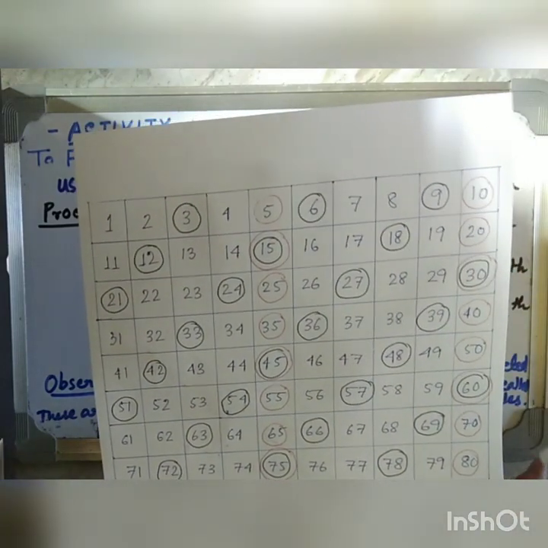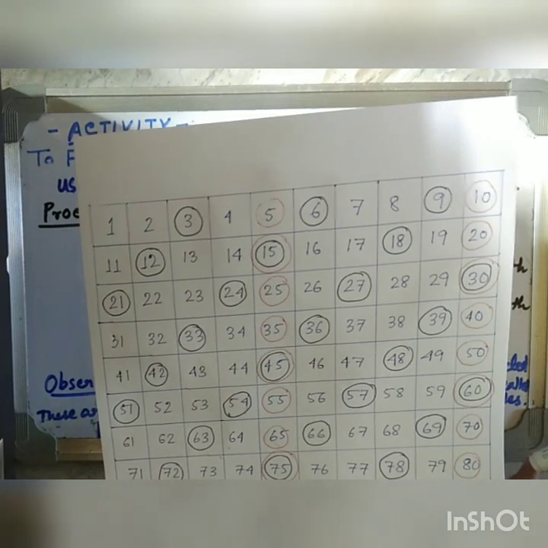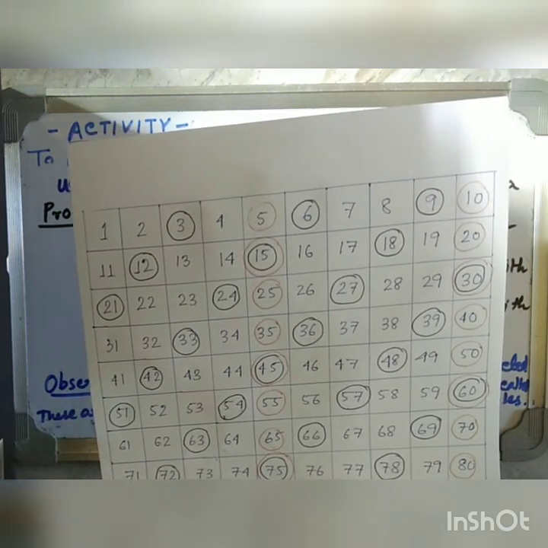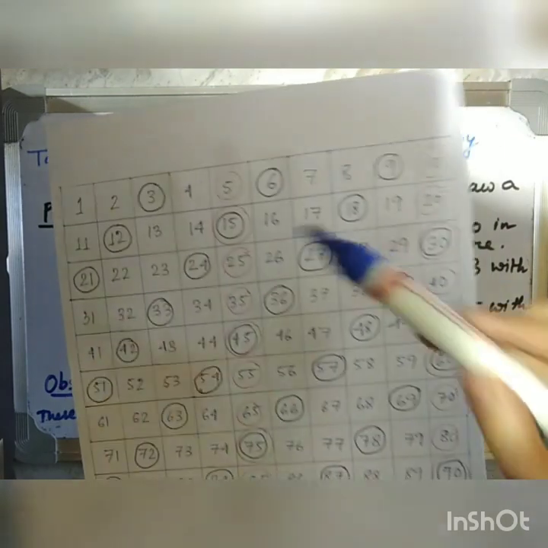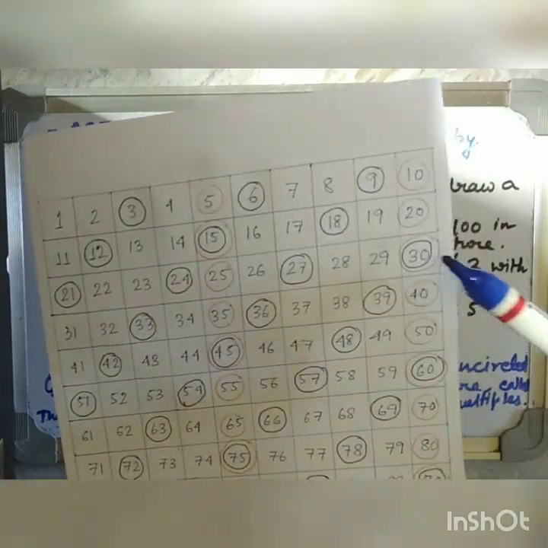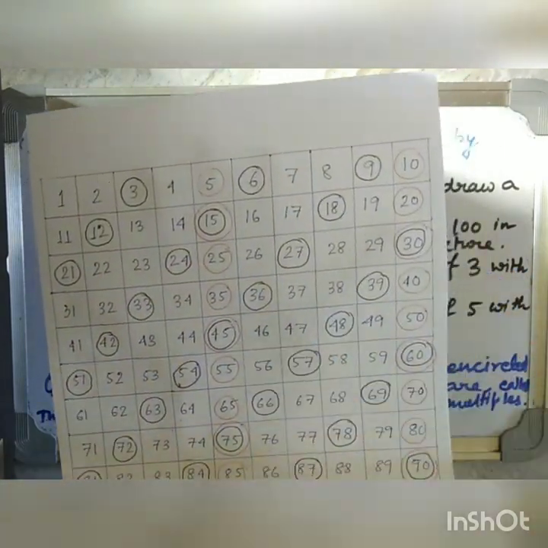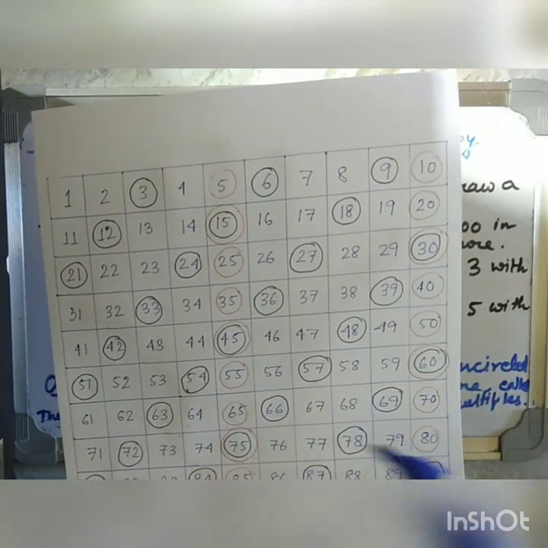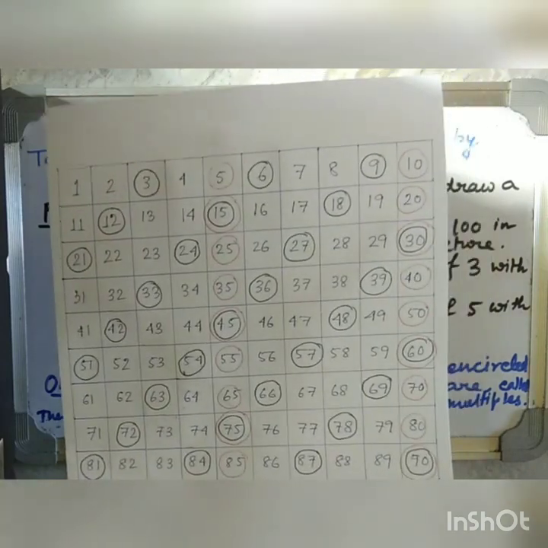Okay, these will be called as common multiples, because these numbers are the multiples of both 3 and 5. Okay, so how many numbers we are getting? You can see 15, then 30, then 45, then 60, then 75, then 90. Up to 100 we are getting these 6 common multiples.